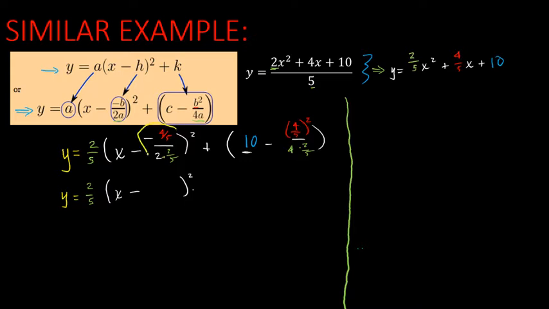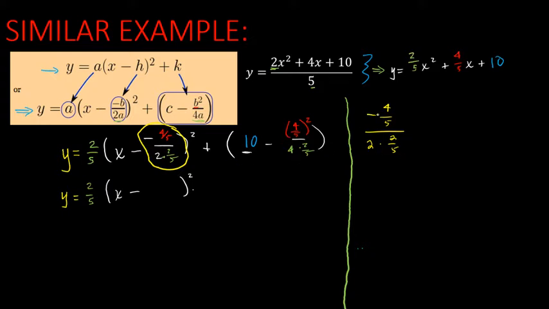I've got negative b, so negative 4/5, divided by 2 times 2/5. I'm going to go slow here. It's really easy to make mistakes, so I want to double check everything as I go.